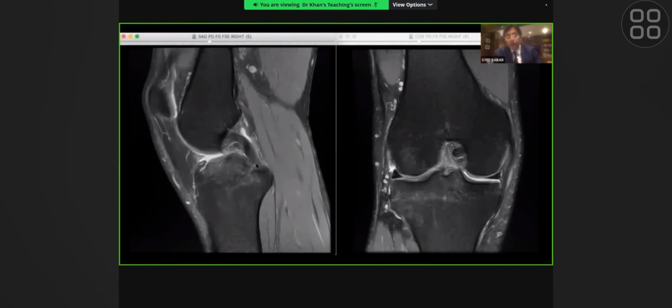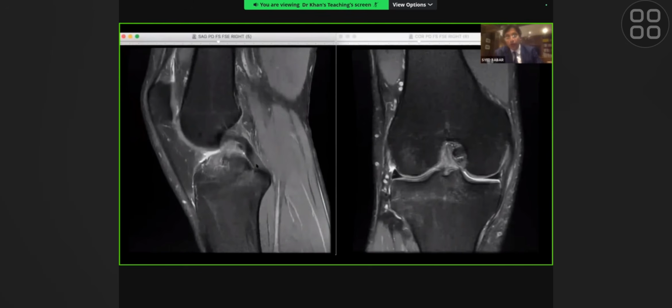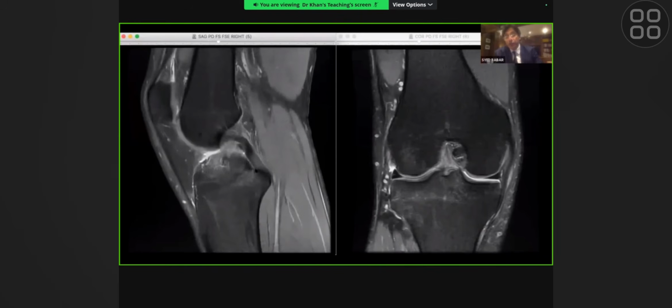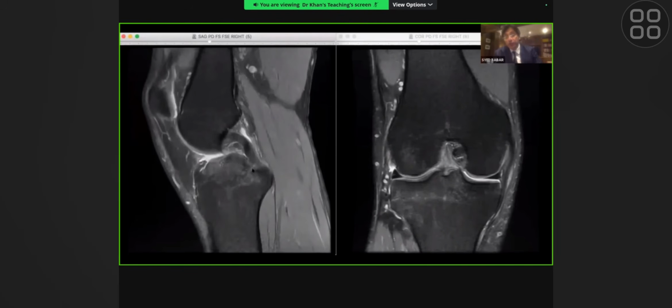And why? Because of two important reasons. One, I would like to look at the shape of the PCL. Is it a nice, smooth, convex shape, or is it like this? Is it a hook shape of the PCL, which is what we call the shepherd's crook deformity? In other words, this is buckling of the PCL.